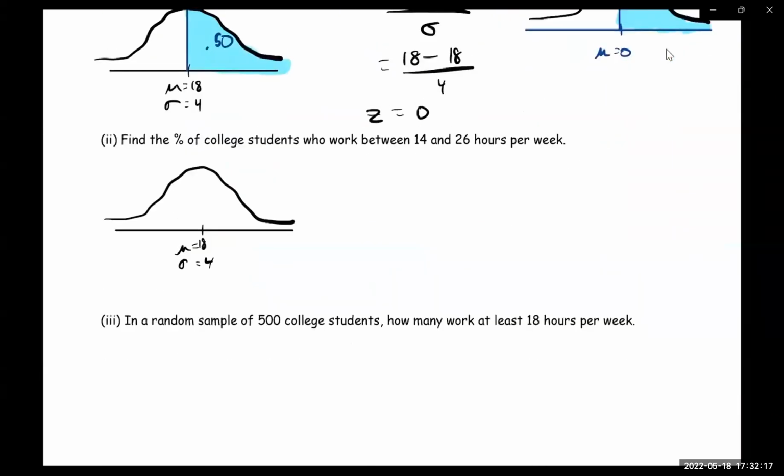This time they want us to find the percentage of college students that work between 14 hours and 26. 14 is to the left, 26 is to the right. So 14 would be somewhere over here. 26 would be somewhere over here. And between means you're going to shade everything in between.